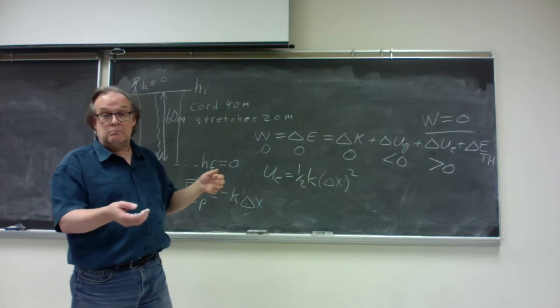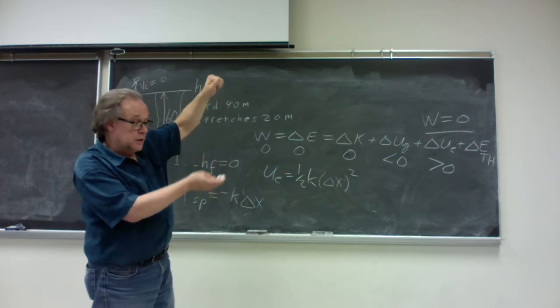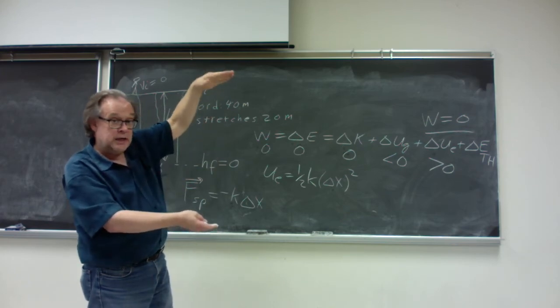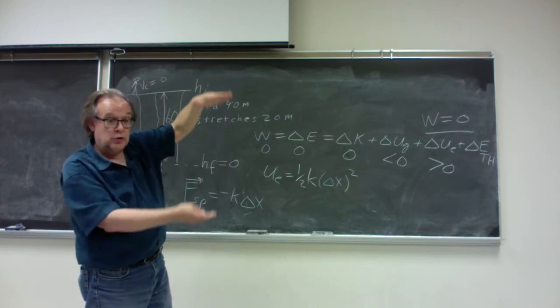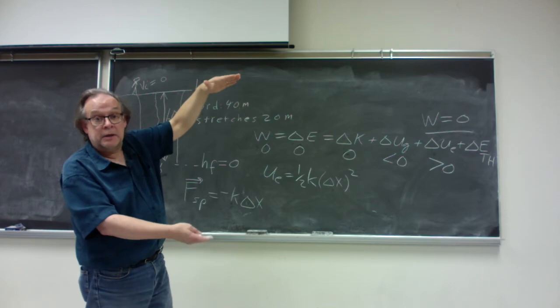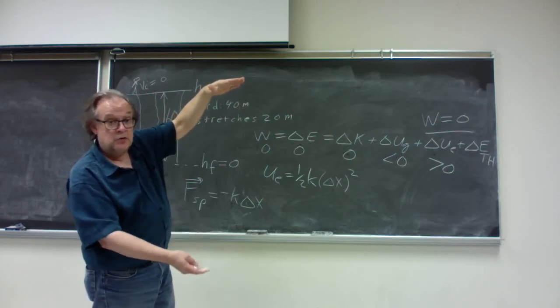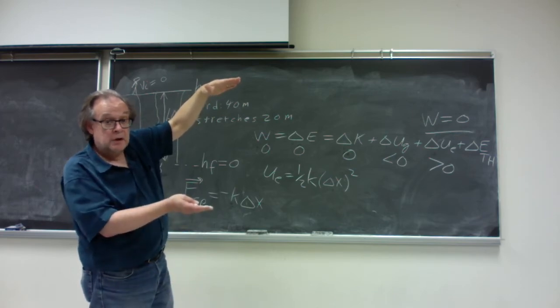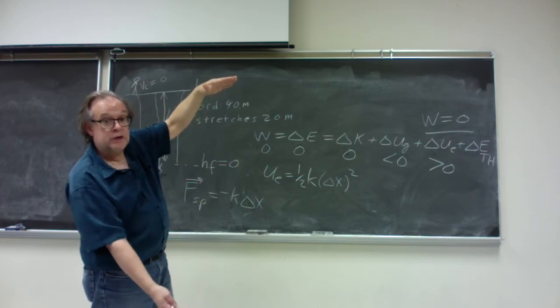And at that moment, it's going to be 40 meters long. But the bottom end of the cord, which will be 40 meters below the top, when the cord is all unfurled but not yet stretched, then the jumper continues to fall and the cord gets stretched by 20 meters. So the bottom of the cord experiences a displacement away from its equilibrium location of 20 meters.